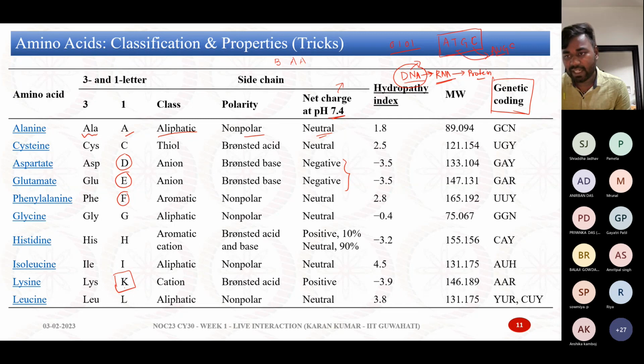DNA is nucleic acid, RNA is nucleic acid. Okay, but in place of T in RNA, you will have uracil. T represents thymine. A is adenine, then thymine, guanine, and cytosine. Right. In place of thymine, you have uracil.